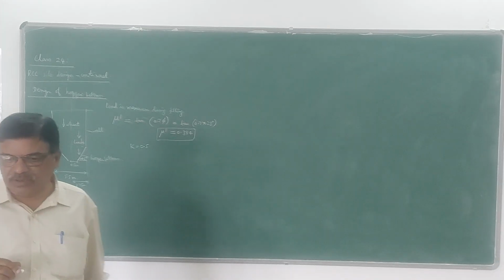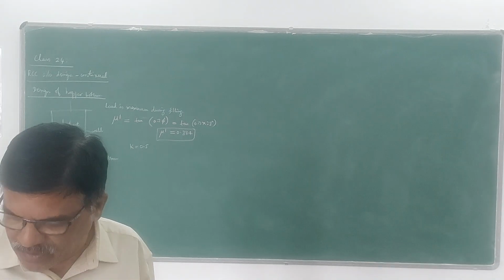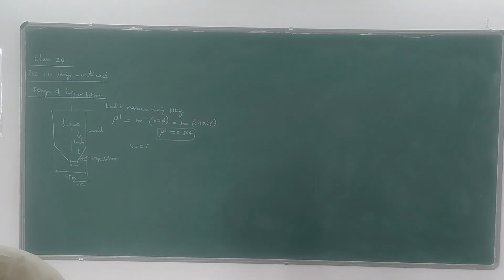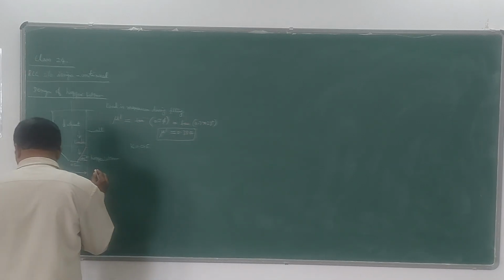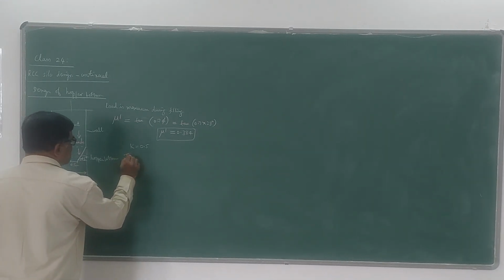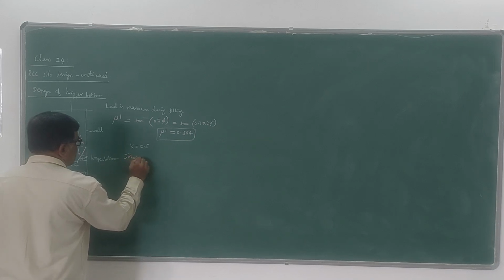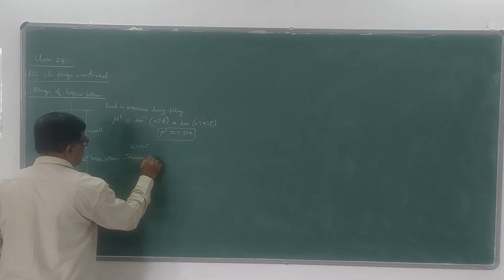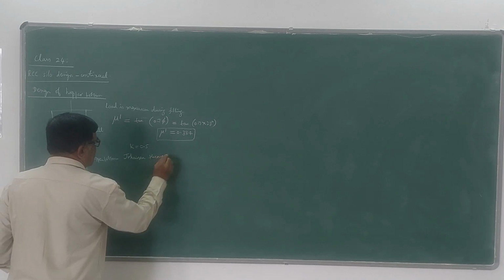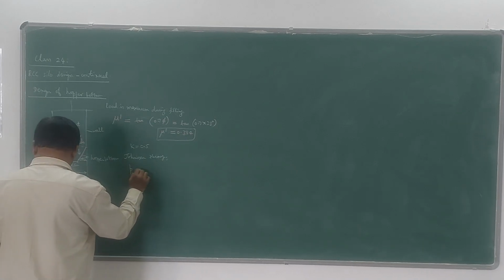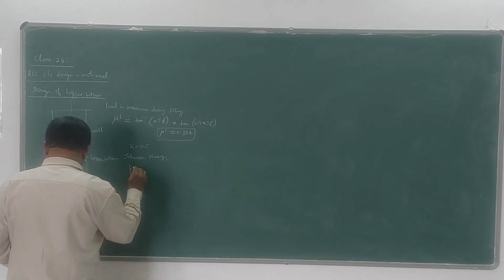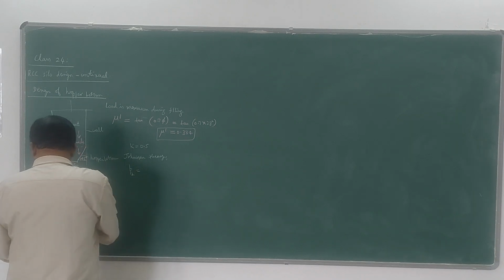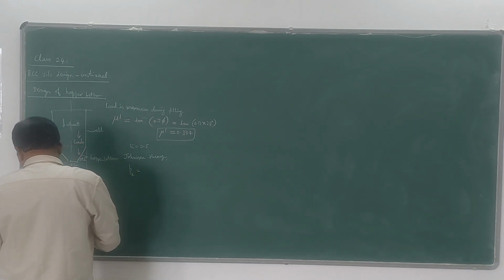Now we have to use Johnson's equation to compute the horizontal and vertical pressures. The horizontal pressure on the upper bottom is given by the same equation which we have used earlier.